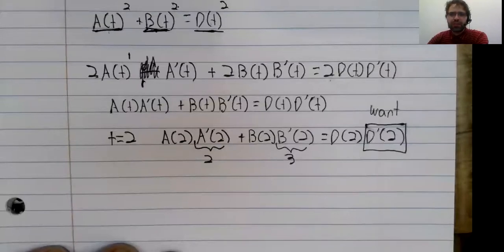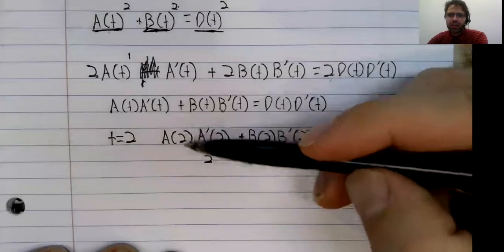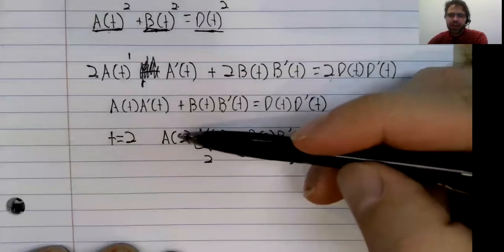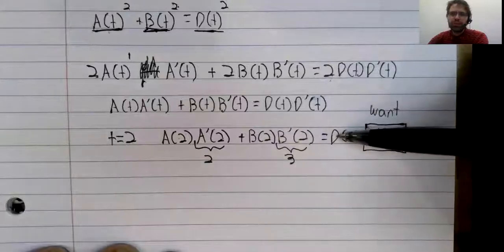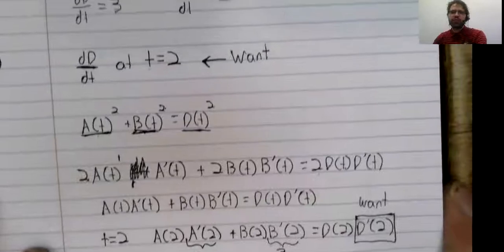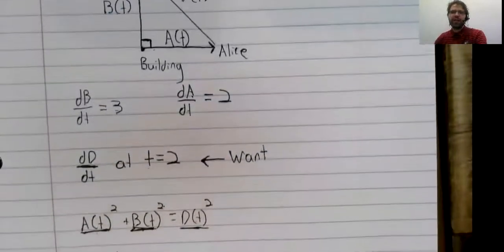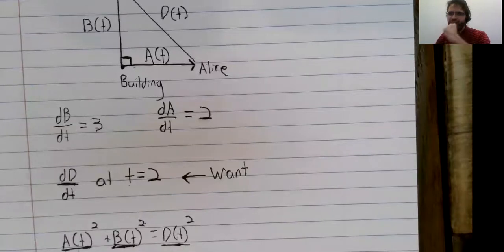The bad news is that we do not have A of 2, B of 2, or D of 2 written down anywhere on this page.